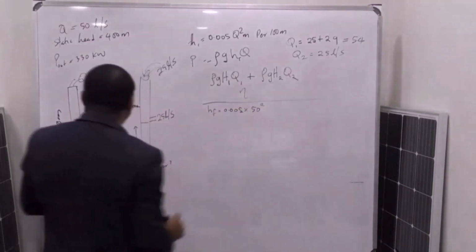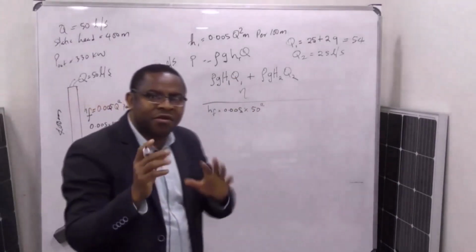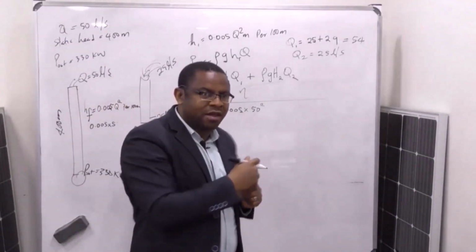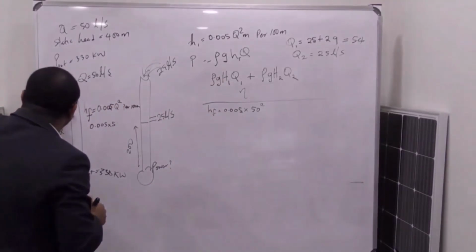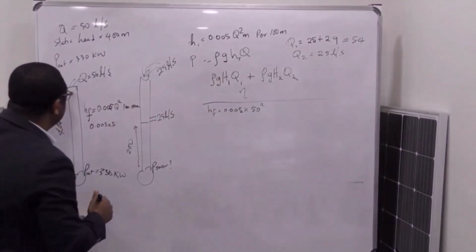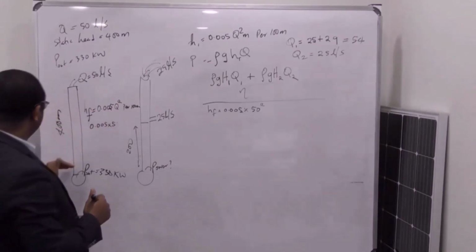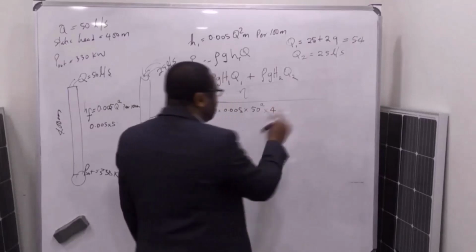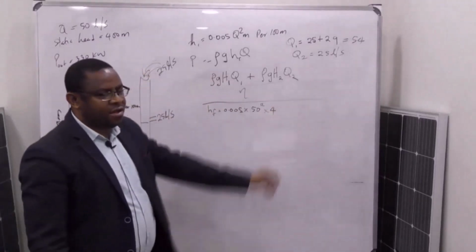Now this, per 100 meters, is different from the one we solved last week, the way it is asked. So for each 100, the frictional head loss is 0.005 Q squared. Each 100. So how many hundreds do you have here? 4. So you must multiply that by 4. This is the only thing that made people fail it.